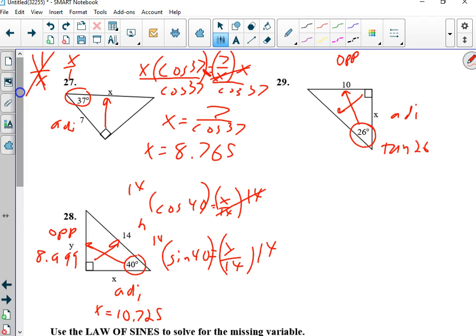Tangent of 26 equals opposite over adjacent. Again, my x is at the bottom, so I need to switch places. 10 over tangent of 26. When I do that, I just type in my calculator that way, and I get x is equal to 20.503.